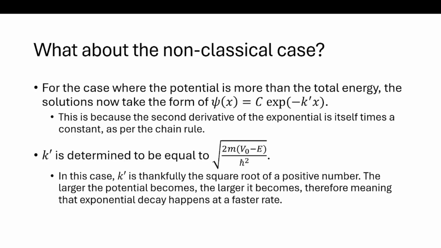We choose this form because the second derivative of this wave function is the exponential times some constant, as per the chain rule, so this definitely fits the eigenvalue problem.